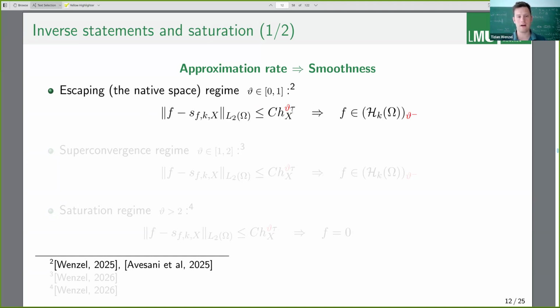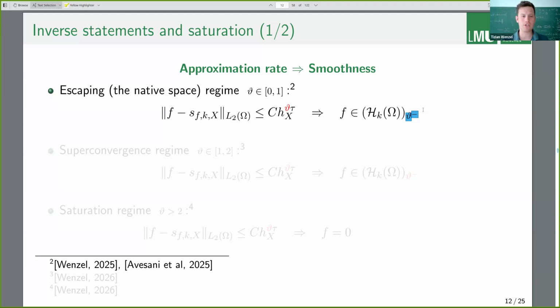And then based on this approximation rate, we can really conclude that our function needs to have this kind of smoothness. And what is important, this parameter theta here is the same theta as here. And this minus just indicates that this statement holds for any theta dash, which is smaller than theta.